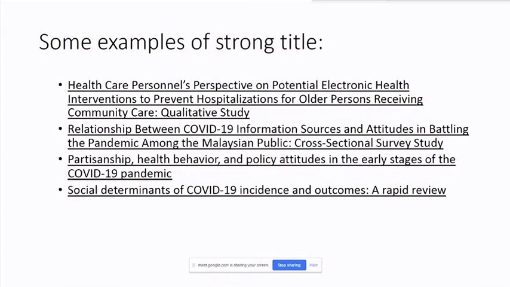Same goes for your journal article. Your title is the window to your writing. So you have to make sure that it is clear.